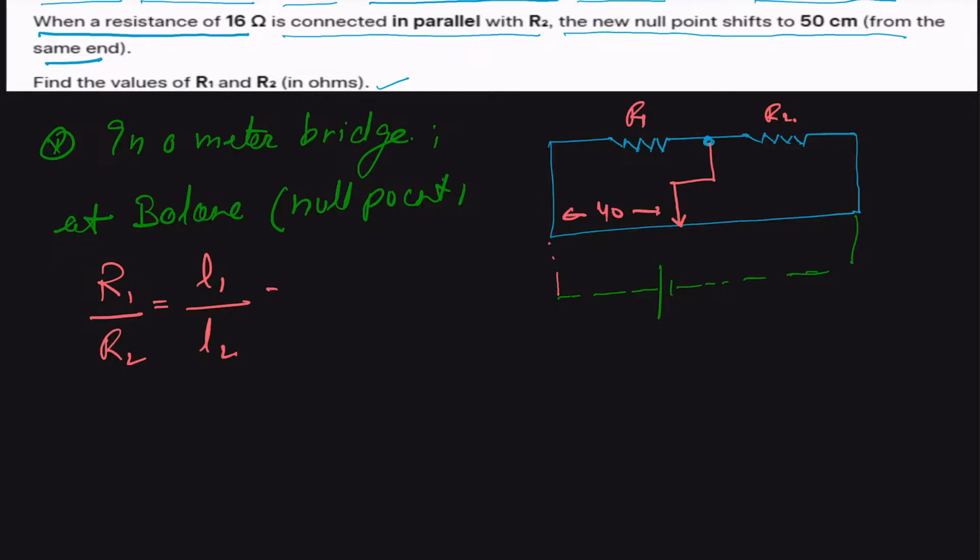Or in general, L1 is the length on the R1 side and L2 is the length on the R2 side. So R1 upon R2 equals the length on the R1 side divided by the length on the R2 side.